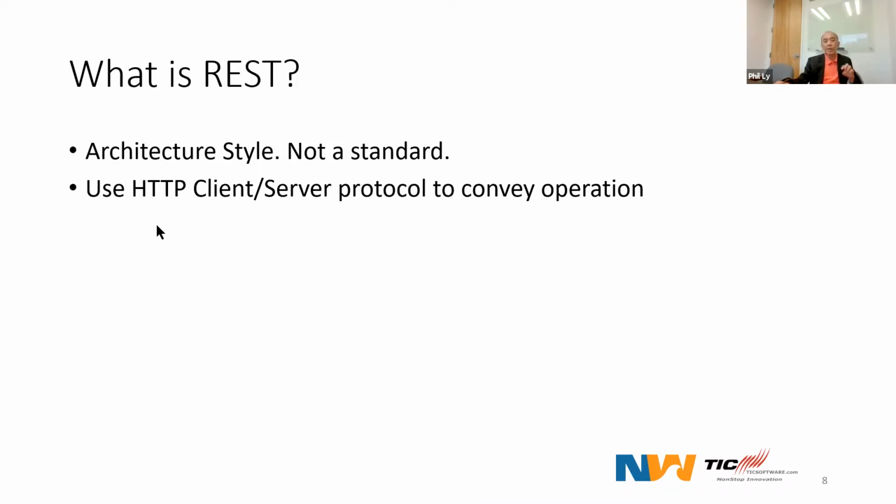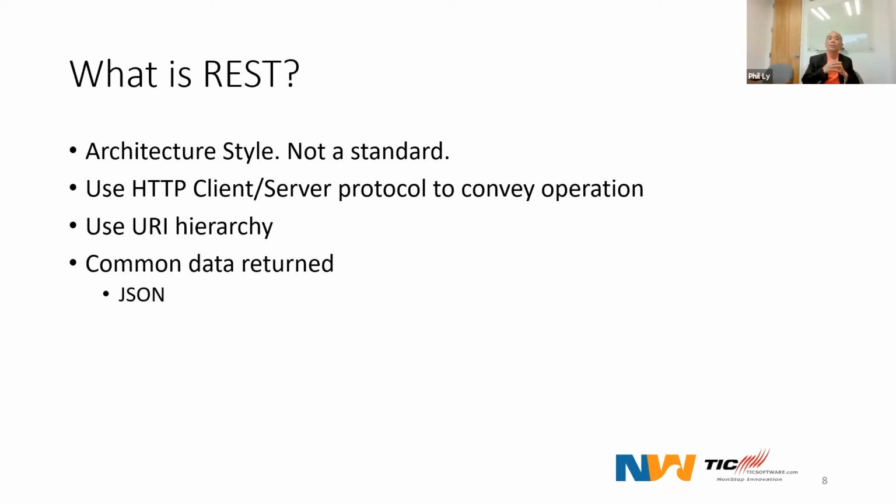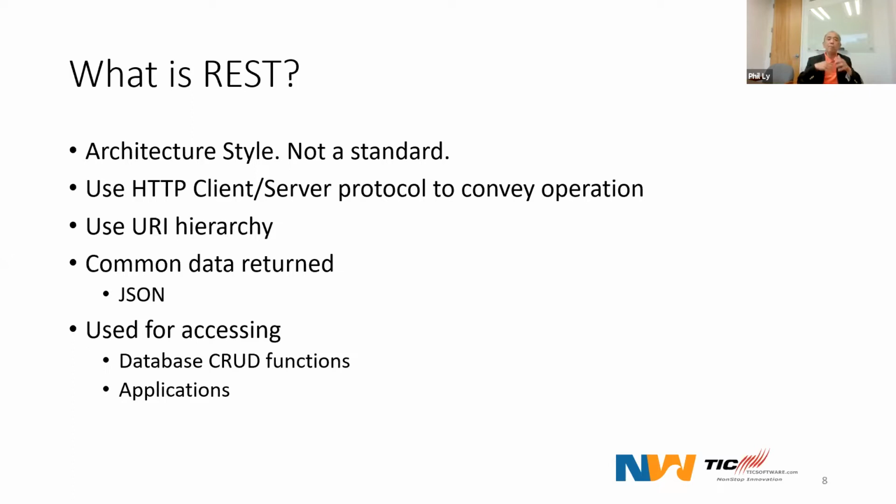So REST leverages heavily the HTTP protocol, what is already there, to facilitate operations. It takes advantage of the URI, the URL, to convey information. And it uses JSON instead of XML to share the common data. It has become very popular as a way to simplify how to access database functions or the application interface, right?